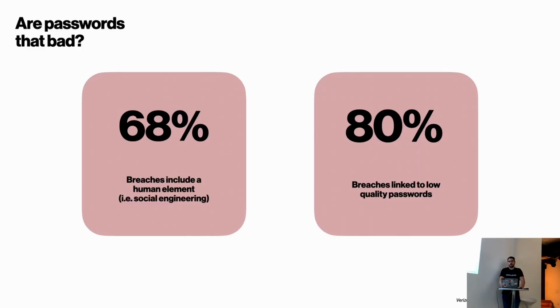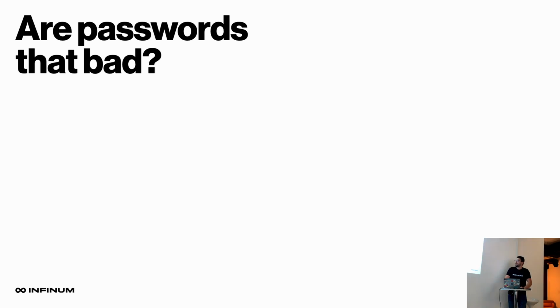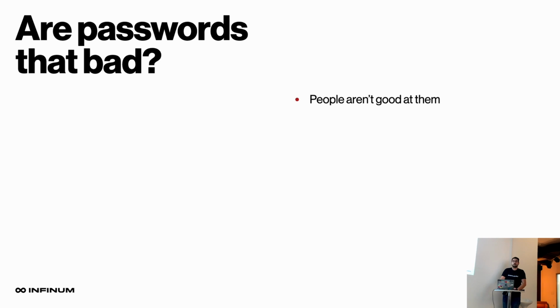So, going step by step on why passwords are essentially bad. First and foremost, we as people are not good at remembering random strings, because a good password needs uppercase and lowercase letters, numbers, special characters, and it needs to be probably this long. We are not keen on remembering that.